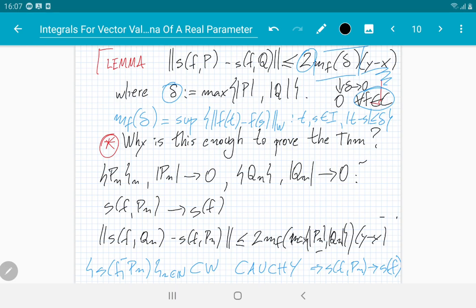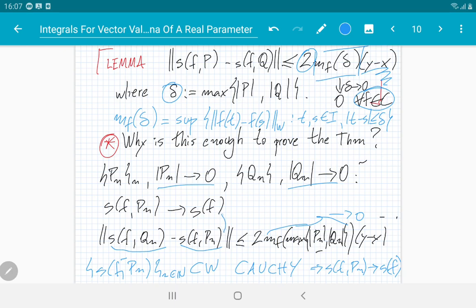And now, okay, the handwriting is a bit terrible here, but hopefully it's clear what I mean. So given that the size of p is going to 0, the size of q is going to 0, so this maximum is going to 0. And then the modulus of continuity is also going to 0, so this larger thing is going to 0. And therefore, the distance between the Riemann sums for q sub n and p sub n is shrinking to 0.